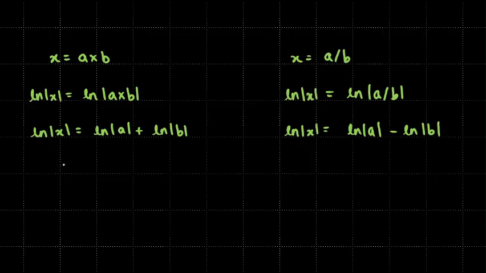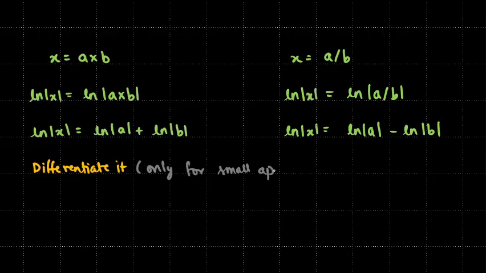So now we have to differentiate it, and this only works for small approximations. So only for small approximations. So if it is a very big approximation, then it won't be accurate.